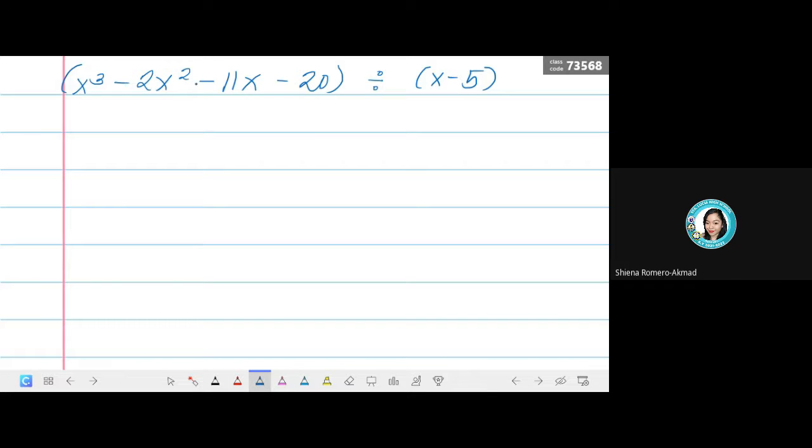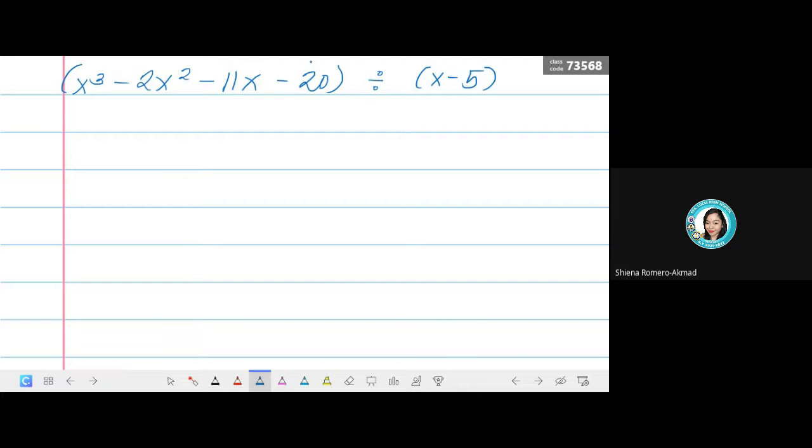Okay, so we have x cubed minus 2x squared minus 11x minus 20 divided by x minus 5. Now, unang step is to arrange depending on the exponent. Pero ang kagandahan dun sa given natin is naka-arrange na siya. Nauna yung may pinakamataas na exponent, which is x cubed. Pangalawa, negative 2x squared, negative 11x minus 20. Pag may nakita kayo na given kung saan warde-warde siya, ayusin nyo siya na nakadepende doon sa exponent.